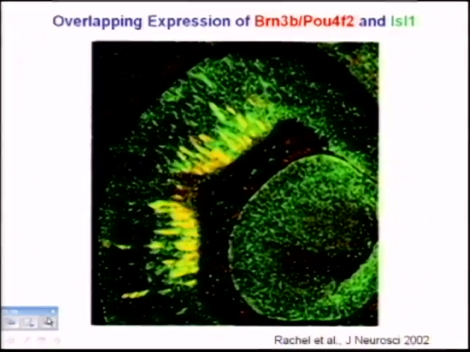Okay, now let's look at genes that might be parallel to brain 3B, be in the same hierarchy as brain 3B. And this is this gene called islet-1, which is a LIM domain transcription factor, yet another transcription factor.